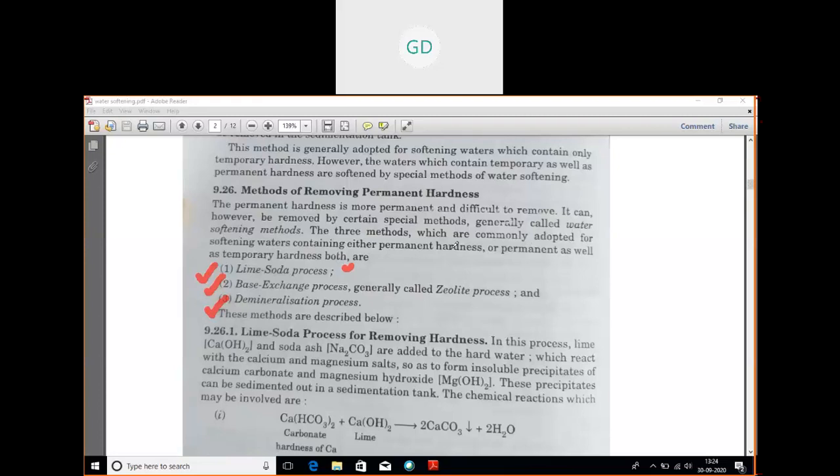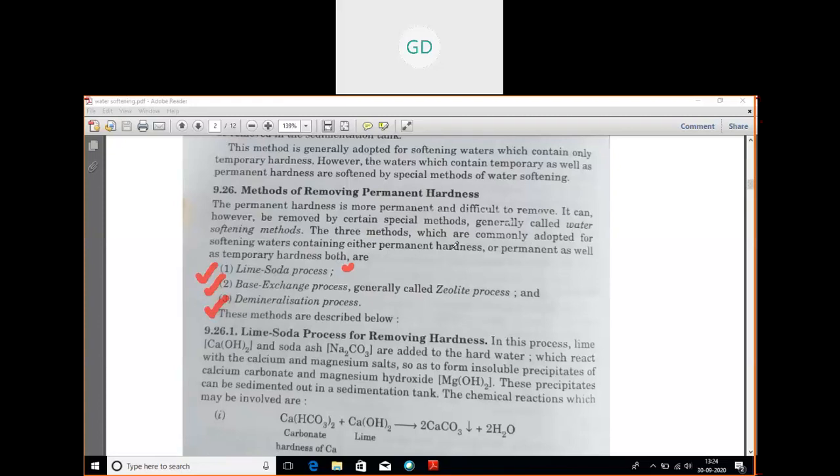When lime and soda ash are added to the water, it reacts with the calcium and magnesium salts, and it gives a precipitate of calcium carbonate and magnesium hydroxide.